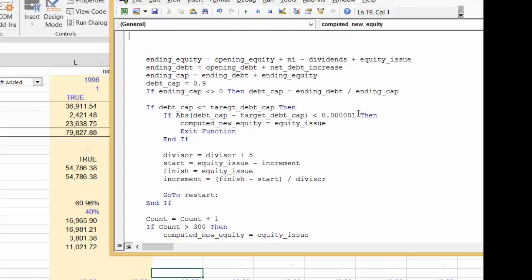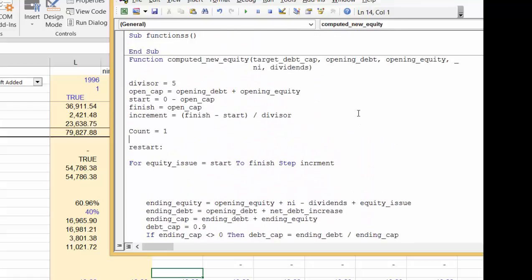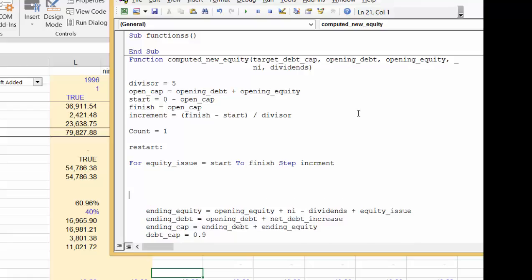Okay, so we've got the hard part really done. Now what we have to do is just define the rest of these. The net income and dividends we've defined. We need the net debt increase, and the net debt increase is equal to the debt increase minus the debt reduction.